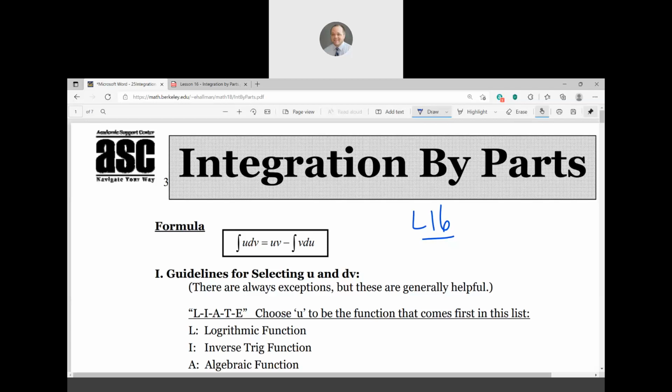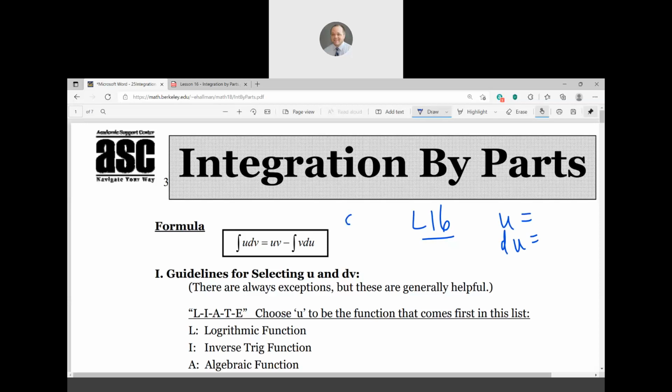The integral of u dv, which is your original problem, is equal to u times v minus the integral of v du, in which the u represents your normal u substitution, where you find u and then you find du by taking the derivative.